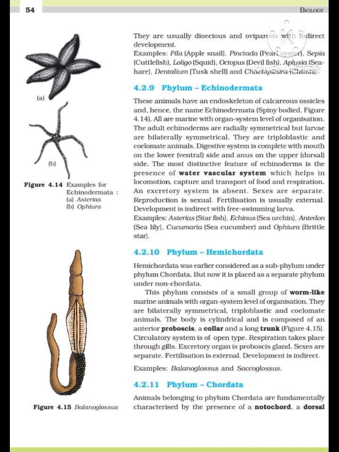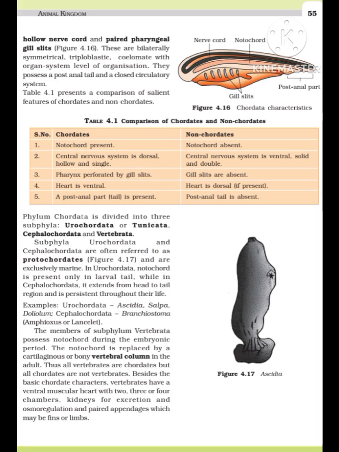Animals belonging to phylum Chordata are fundamentally characterized by the presence of a notochord, a dorsal hollow nerve cord and paired pharyngeal gill slits, Figure 4.16. These are bilaterally symmetrical, triploblastic, coelomate with organ system level of organization.